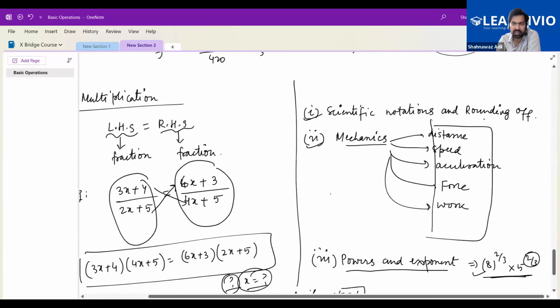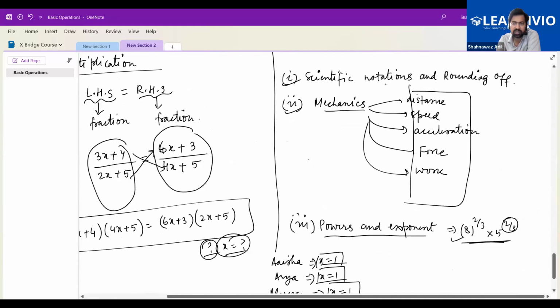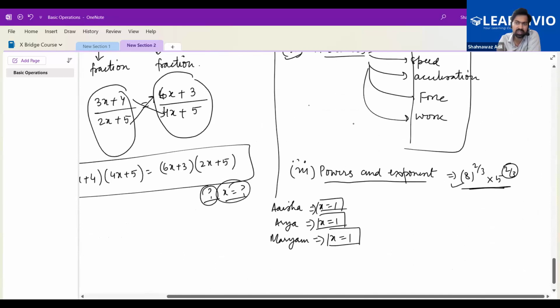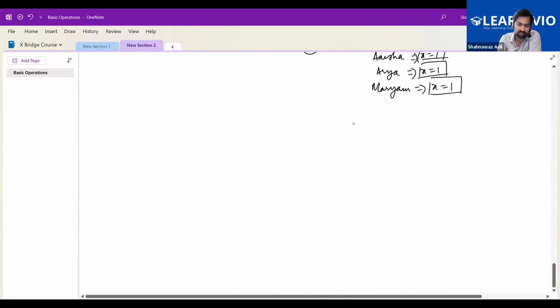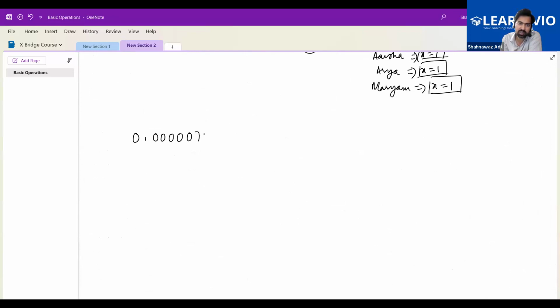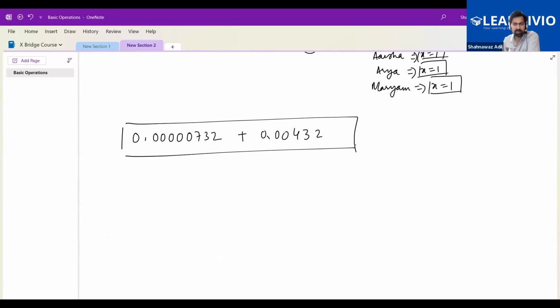But in the next class, I'll be talking about scientific notation. Why do we need scientific notation, right? Let's say if I want to define the operation in these numbers, this would be problematic, right? So this is not good.